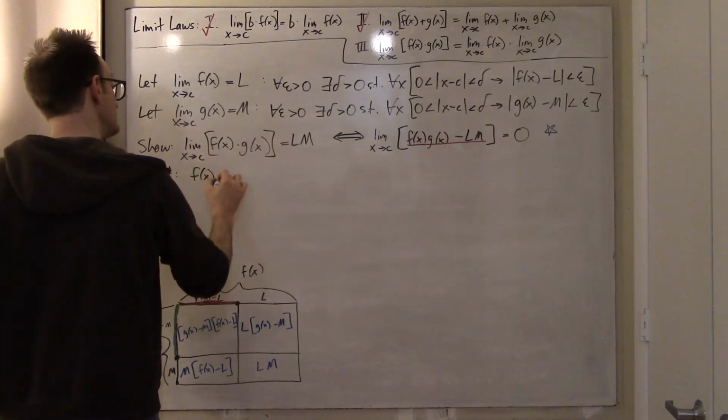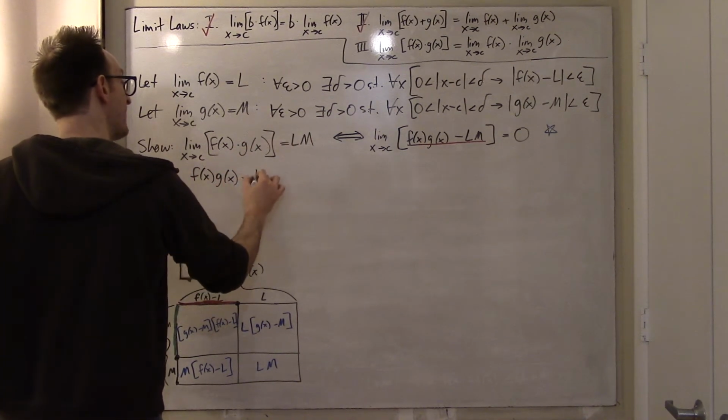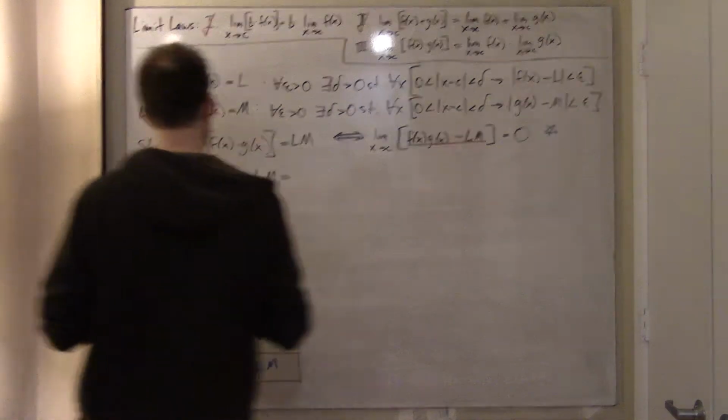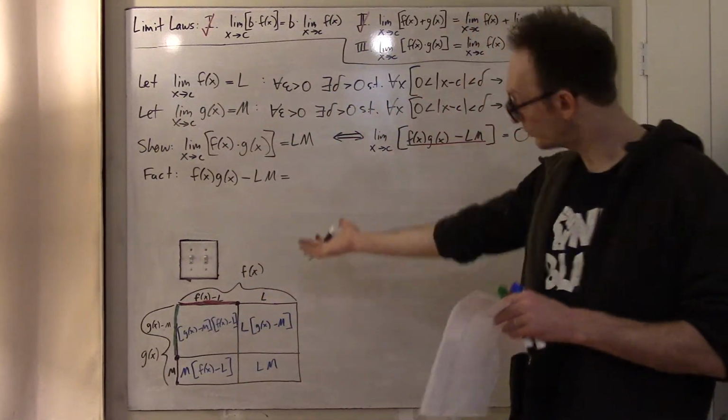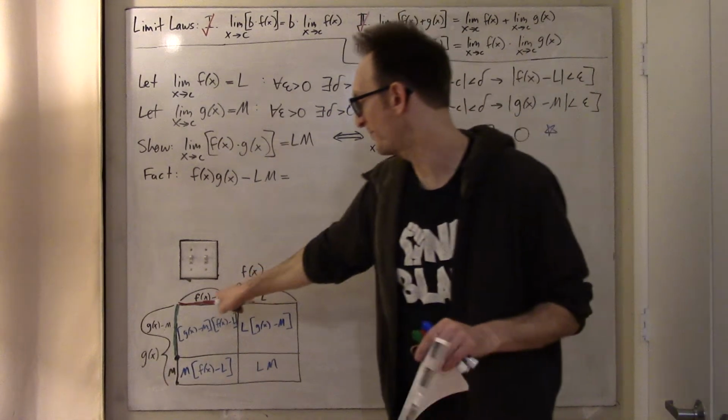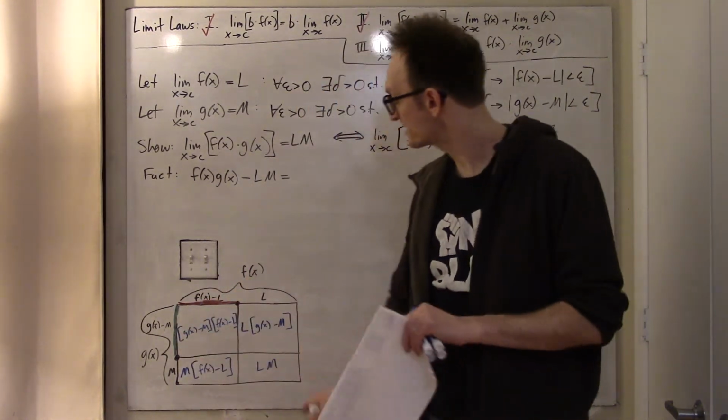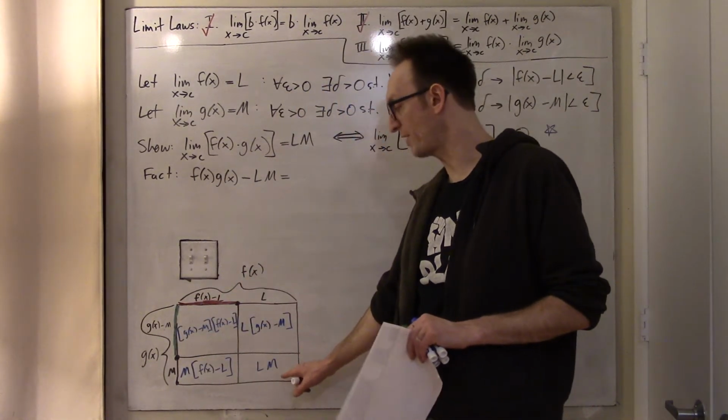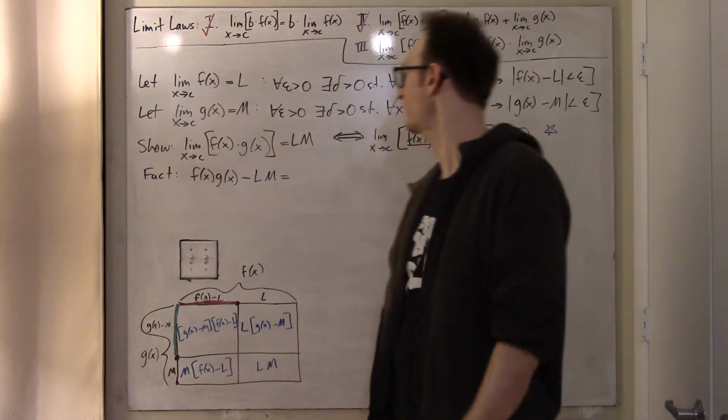The expression fg minus Lm is indeed just equal to, well, look at the picture. Take f and g and subtract the Lm rectangle from it, and what you get is these three other rectangles.